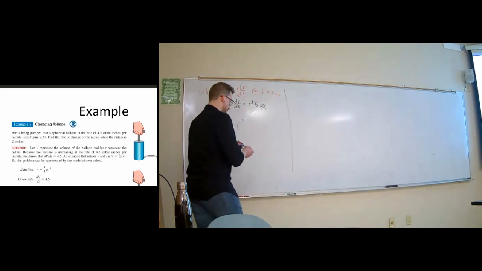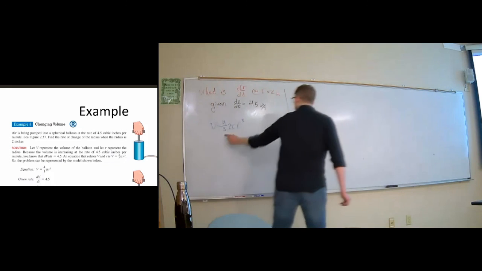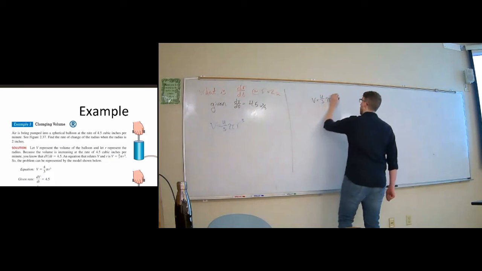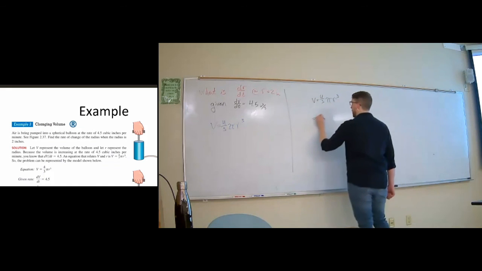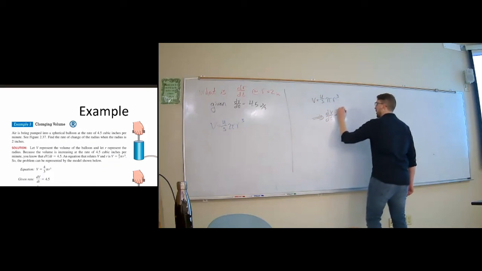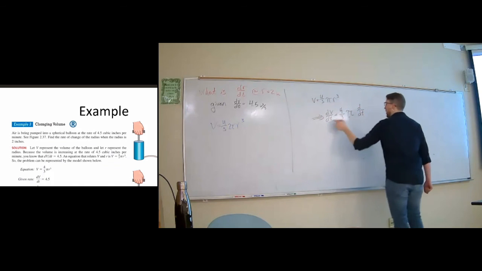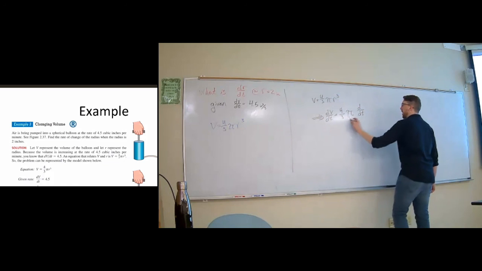We are, like I said, going to apply the derivative with respect to time to both sides of this equation. When we do that, we get dV dt is equal to, well, 4/3 times pi, that's a constant. So let's pull that out to get dV dt is equal to 4/3 times pi times d dt of r cubed.